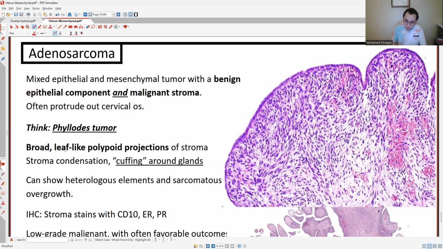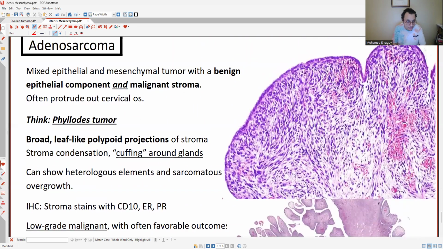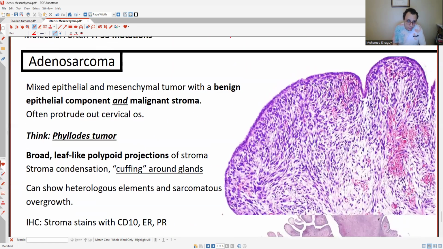That's adenosarcoma. You remember this? We said that this looked like phyllodes, the leaf-like. This adenosarcoma is like the phyllodes. It's also a mixed epithelial and mesenchymal tumor.